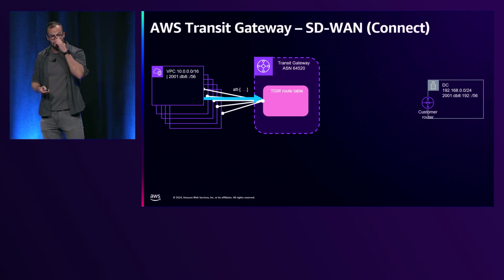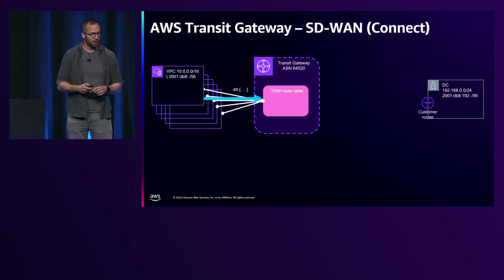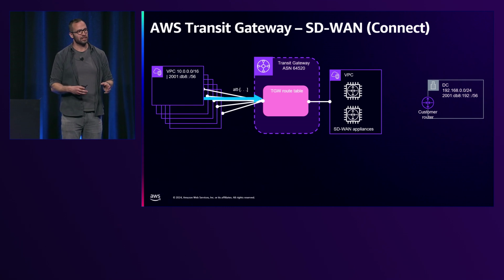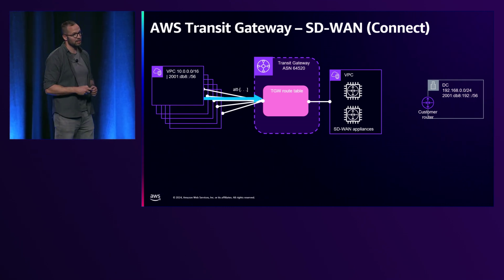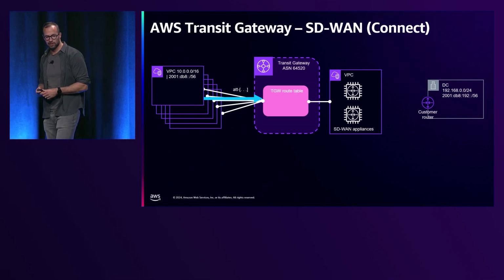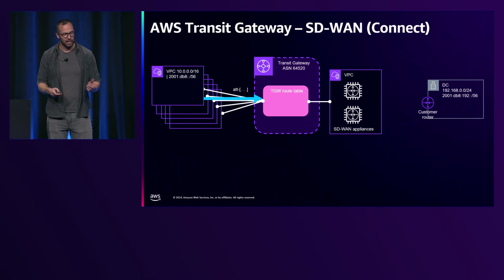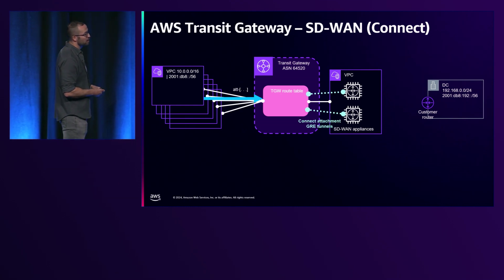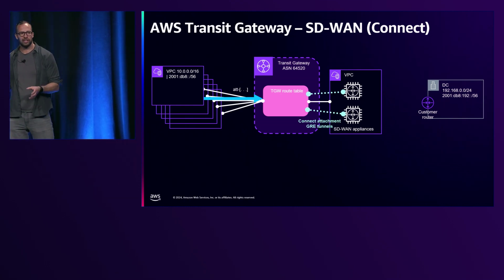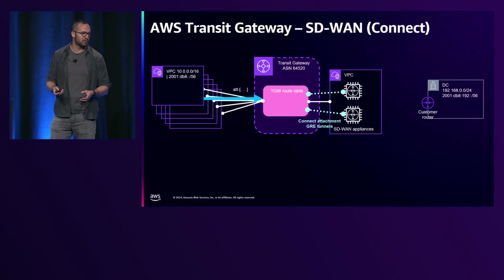Another option is to use software-defined wide area networks to connect back to on-premise. For that, you would need to bring your favorite third-party vendor of your choice, deploy their headends inside of AWS as EC2 appliances, inside a VPC, connect that VPC to the Transit Gateway, and then on top of that, create connect attachments. Ultimately, they're GRE tunnels.